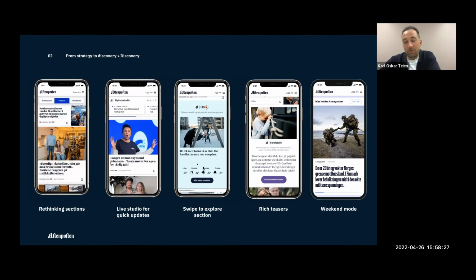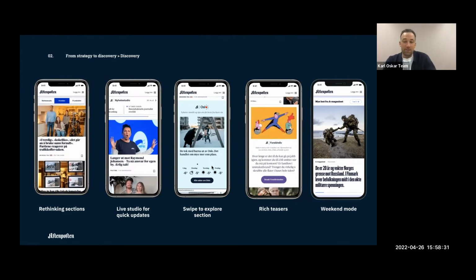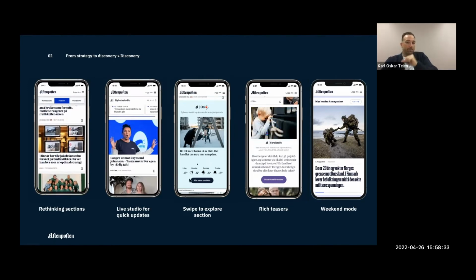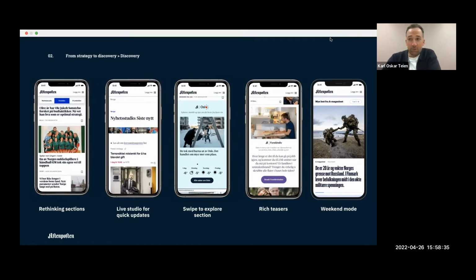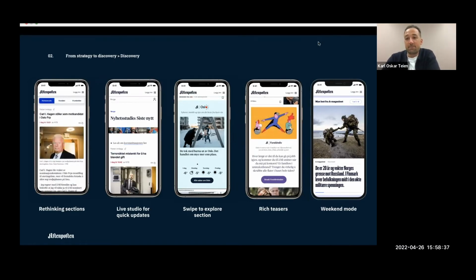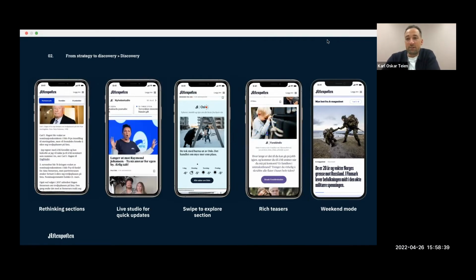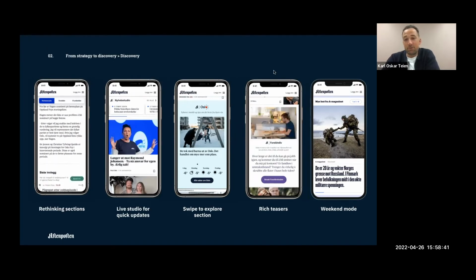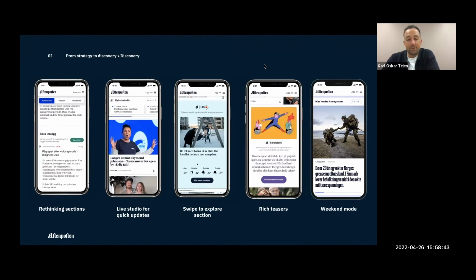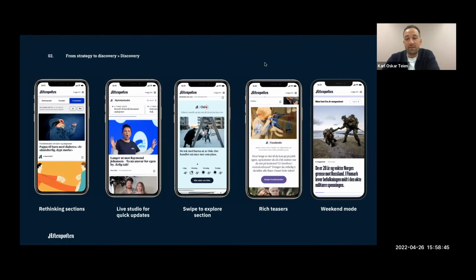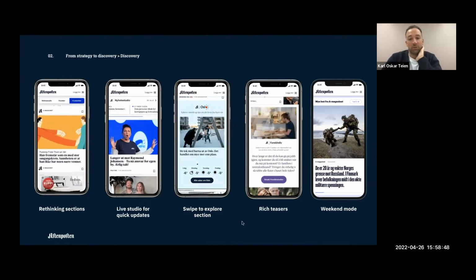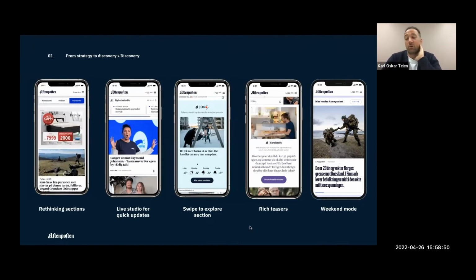So you can just swipe through it, and you would have a familiar sort of interaction pattern as people see on Instagram. And we tried out new ways of teasing our content. We also explored different ways of helping users get into a different sort of mode, what we call weekend mode in this case. So a whole bunch of ideas.